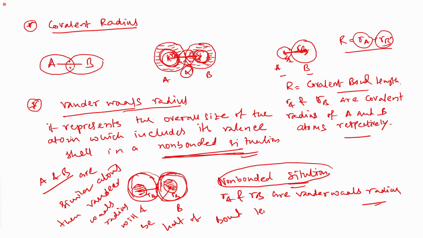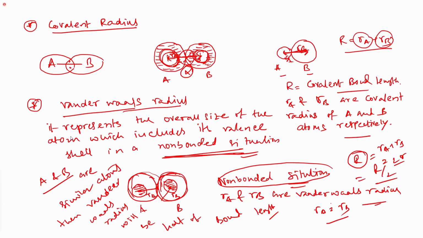Suppose the bond length is R. So the van der Waals radius will be R by 2, because the two atoms are similar. So RA equals RB, RA plus RB equals 2R, so the van der Waals radius will be 2R by 2, equal to R.